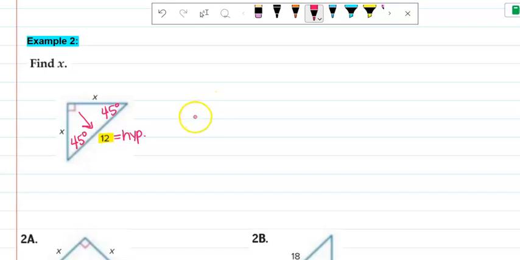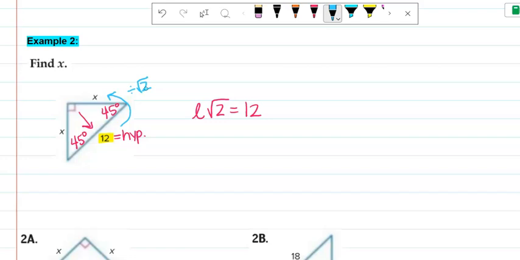So if you want to write an equation, you can say that L times the square root of 2 equals 12. Or if you'd rather, you can think, okay, if we're at 12 and we're trying to get to one of the smaller sides, instead of multiplying by the square root of 2, we're going to divide by the square root of 2 to get smaller.